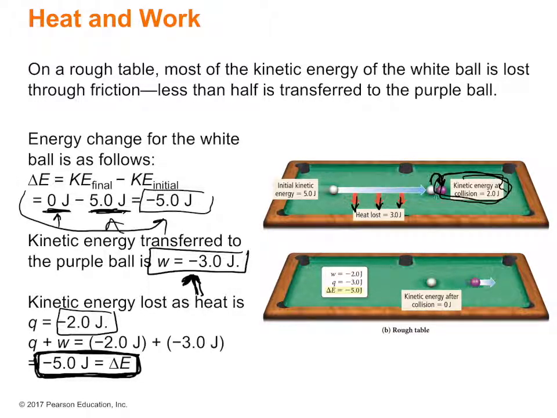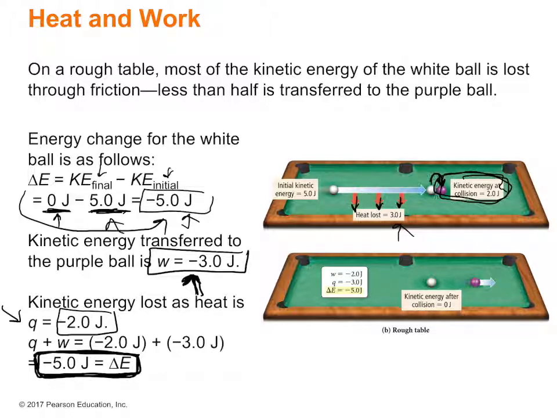We subtract the initial from the final, so we take 2, subtract 5, and that gives us negative 3. To find the Q, we take the 3 minus the 5, and that gives us negative 2. Okay, and that gives us a total of negative 2.